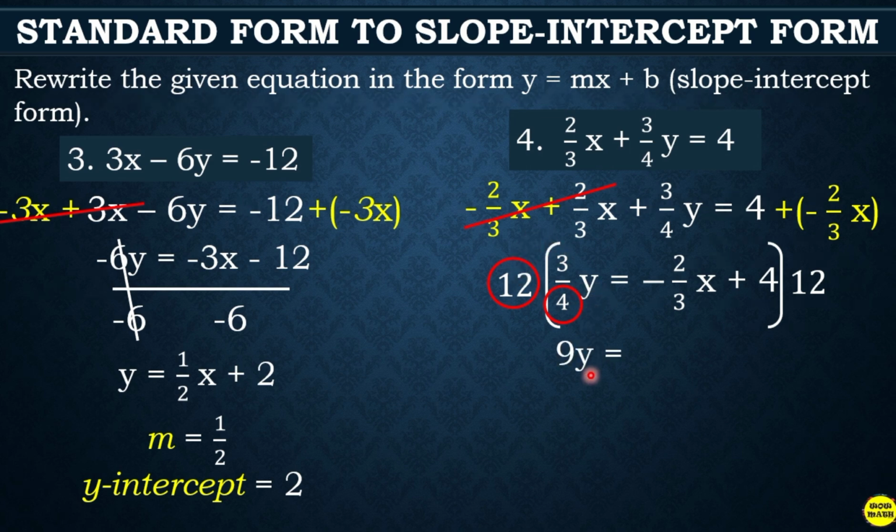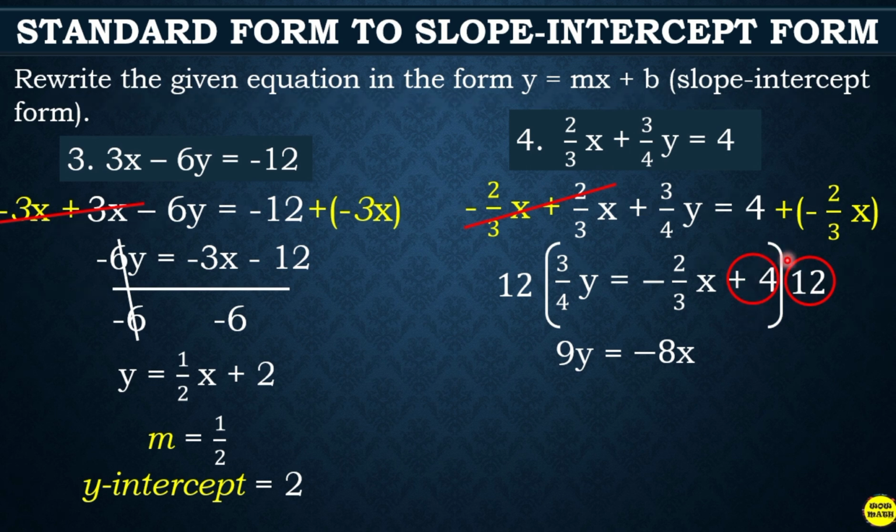And then your variable, which is y. So, 9y is equal to, dito naman tayo sa susunod, 12 divide 3, that is 4. So, 4 times 2, that is 8. But since this is negative, so negative 8x. Copy your variable. Next, dito naman tayo. Since wala siyang denominator, so wala tayong i-divide.